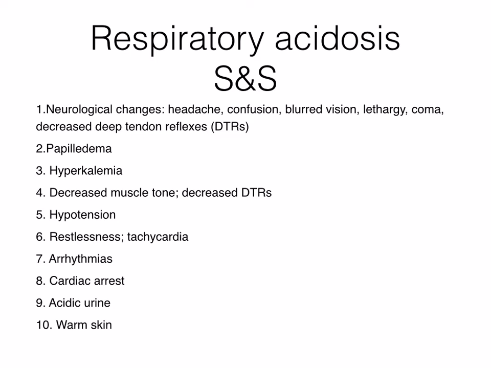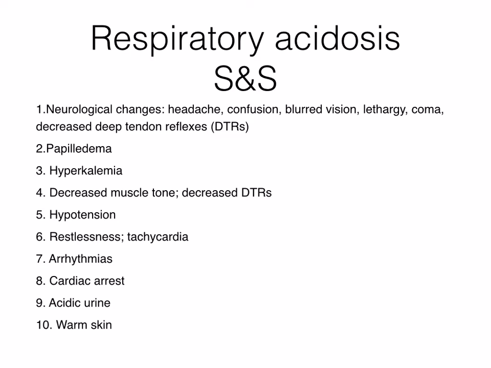Now, excess acid causes the brain vessels to vasodilate, leading to brain swelling and a lot of intracranial pressure. And carbon dioxide can cross the blood brain barrier, causing changes in pH.